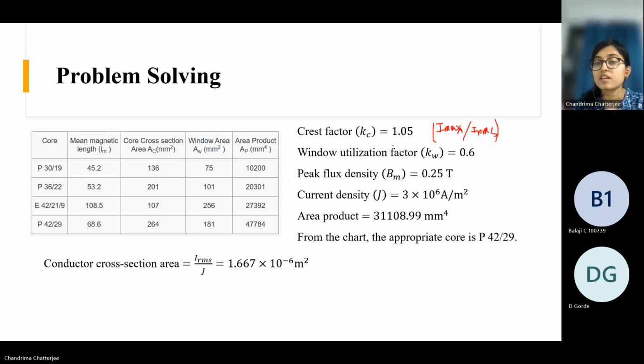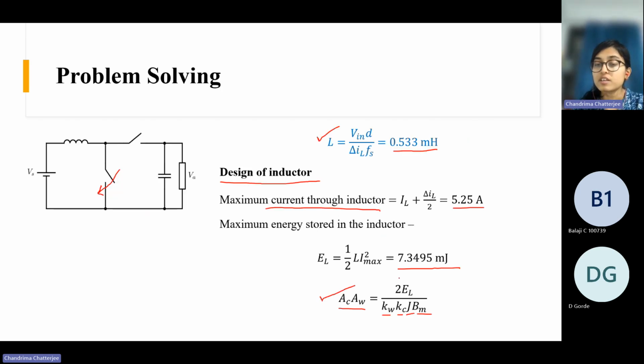Window utilization factor, you can take any value 0.4 to 0.6, so we have taken 0.6. Peak flux density for ferrite core is restricted to 0.25 Tesla. Current density is this. And so we can find out the area product from that formula, which comes out to be this.